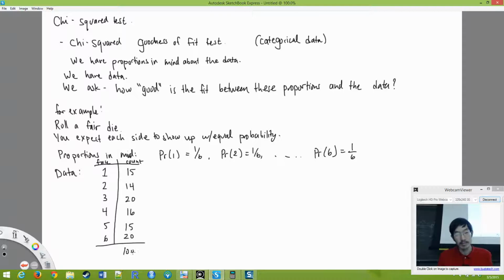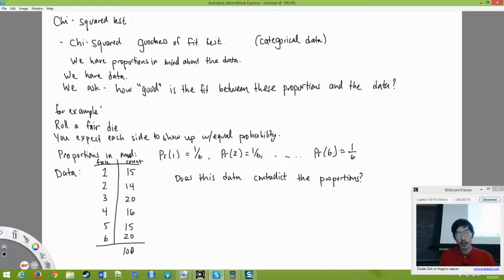So then we would ask, does this data contradict the proportions? That's what we want to know. That's the chi-squared goodness of fit test.